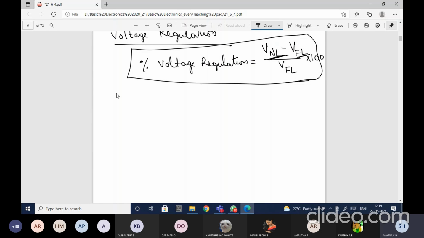Then comes one more, the form factor. So what is the use of form factor here? Anybody heard about multimeters? Yes, multimeter. I'll just show you the digital multimeter, which we use in our lab.